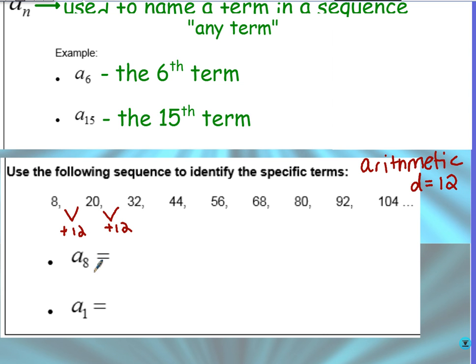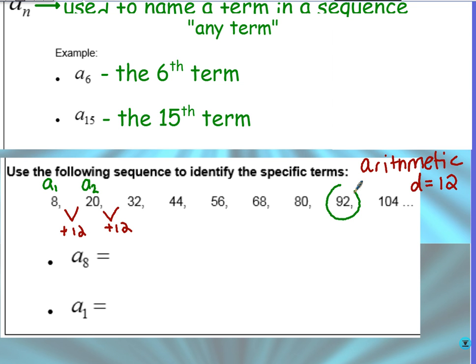Going back to our notations, a sub 8 means the 8th term of the sequence. So we could say that 8 here represents a sub 1, the first term. 20 represents a sub 2, the second term of this sequence. So if we continue, this would be a sub 3, a sub 4, the fourth term, 5, 6, 7, 8.